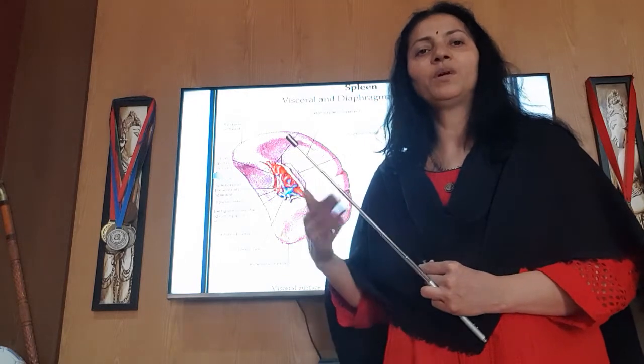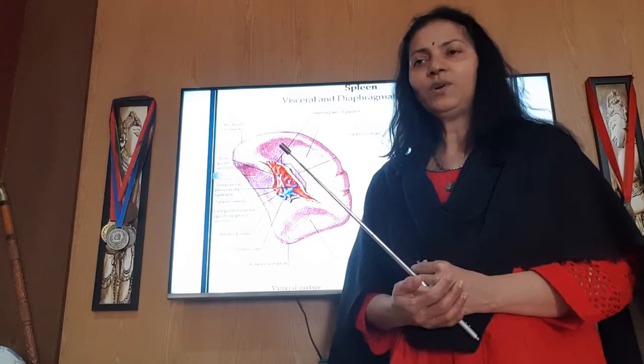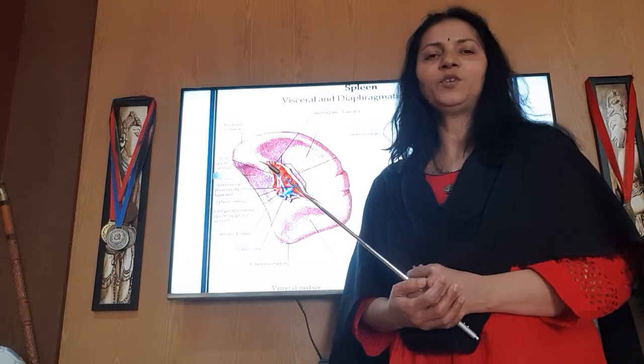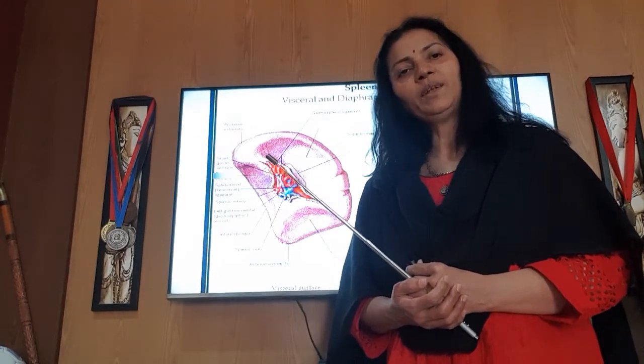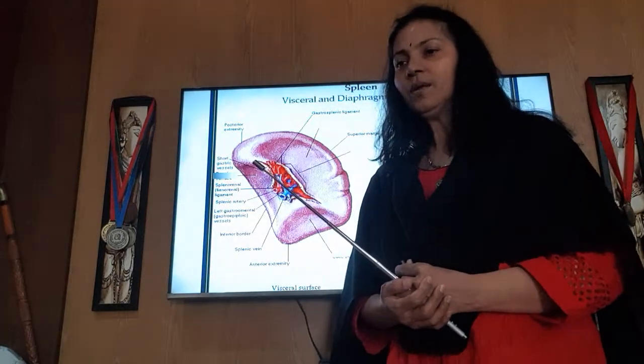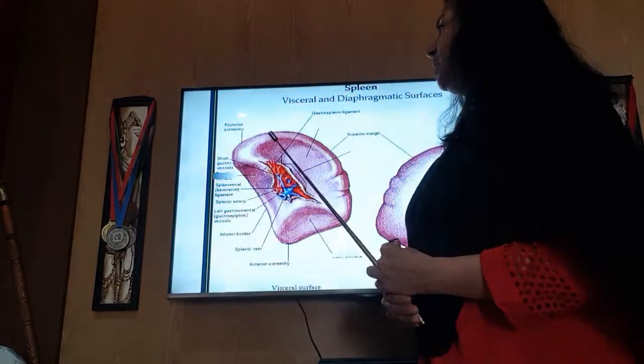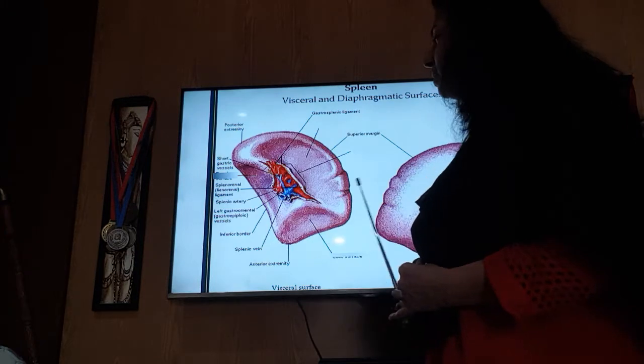So the spleen will become enlarged. One of the very common reasons of enlargement of spleen is chronic malaria in endemic areas where malaria is very common. So splenomegaly means enlargement of the spleen.